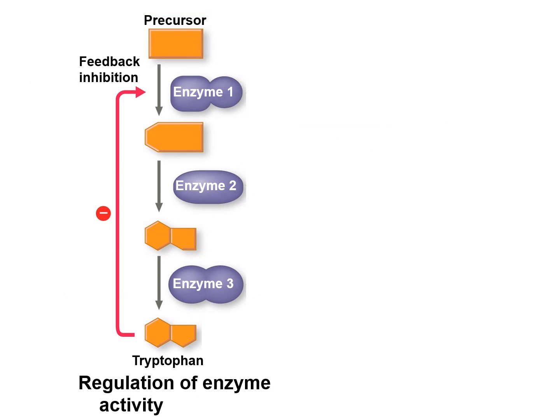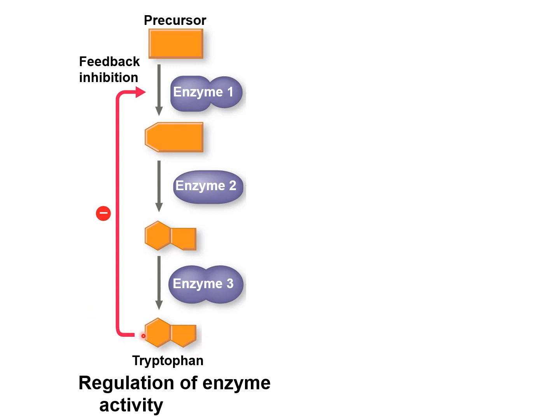So here's an example of negative feedback in an enzymatic pathway. So you have a precursor of some kind making the amino acid tryptophan. It's a three-step process, three different enzymes converting the precursor stepwise into the final tryptophan. And tryptophan can, in turn, inhibit enzyme 1. So you're not wasting your time or resources making these intermediates if you have enough tryptophan to meet metabolic need.